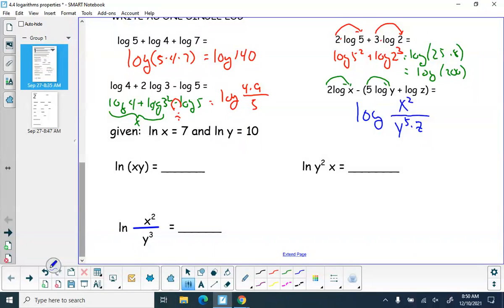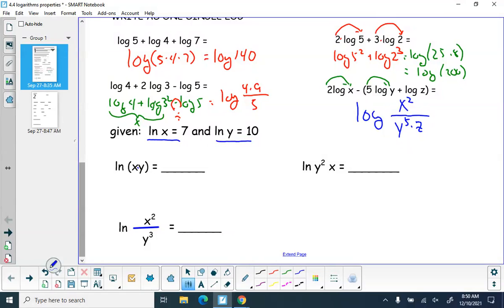Given the natural log of x is equal to 7, the natural log of y is 10, I want to calculate the natural log of x times y. Now the ln of x is 7. The ln of y is 10.